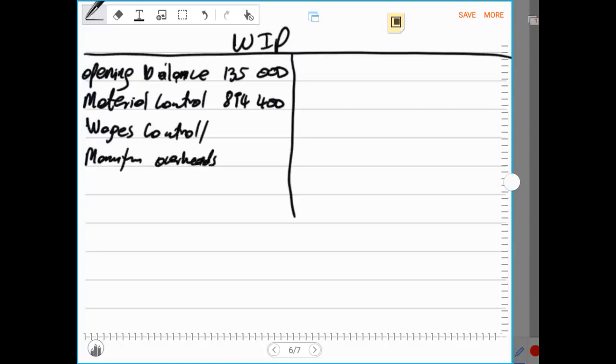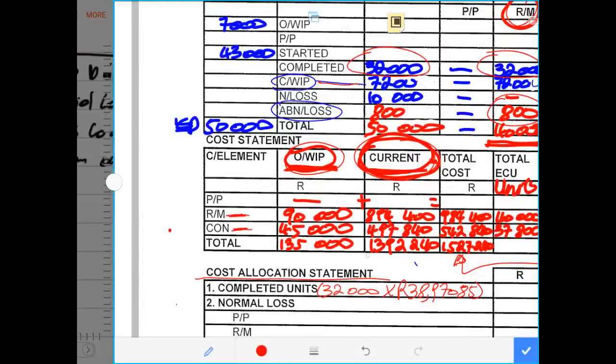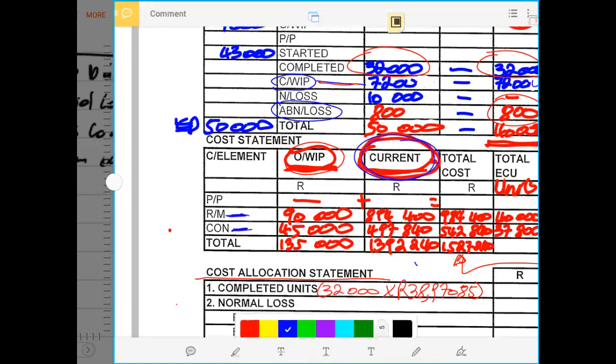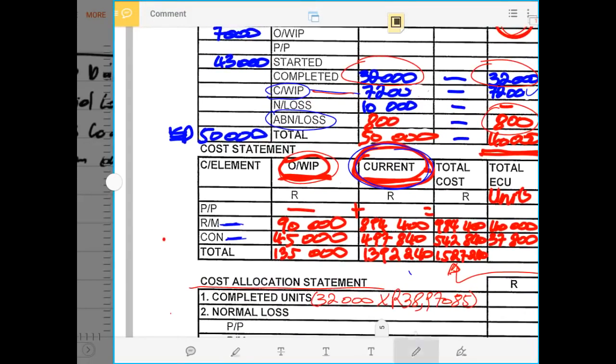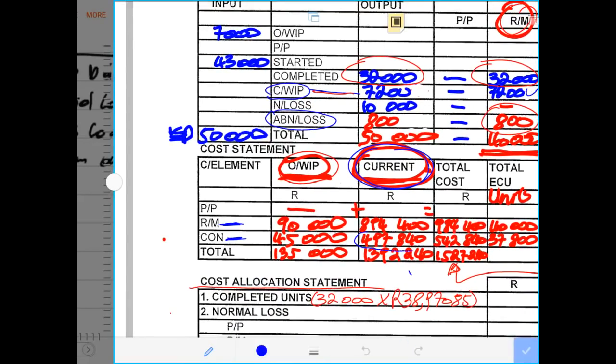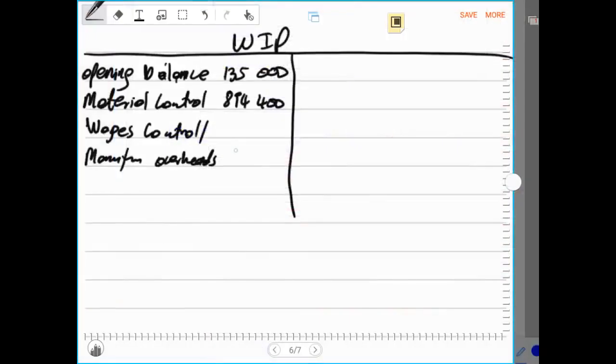Then after the total of the two would have been 497,840.